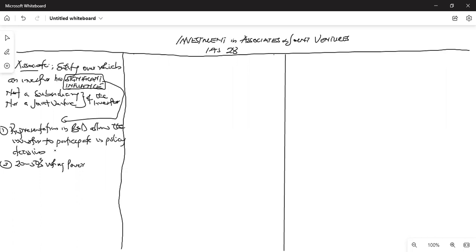Now, in terms of doing consolidation where there is an associate, there are certain things that you need to do. Let me call it the accounting treatment for associates.